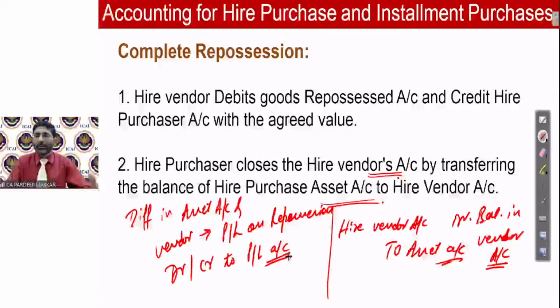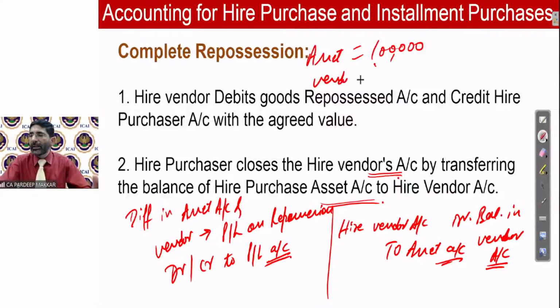Whatever is the difference in asset account and vendor account, assume the asset is worth rupees 1 lakh at the time of repossession, and vendor's outstanding balance is 60,000. Now vendor has taken back our asset for rupees 60,000 only, because outstanding amount is 60,000.